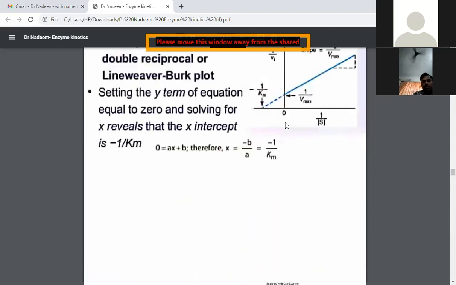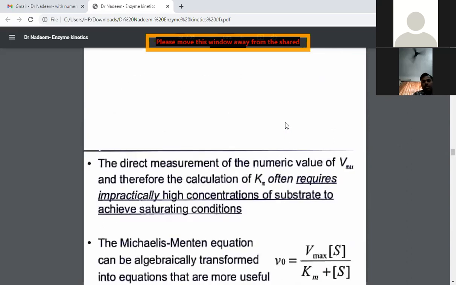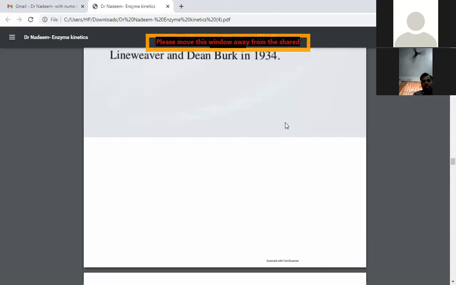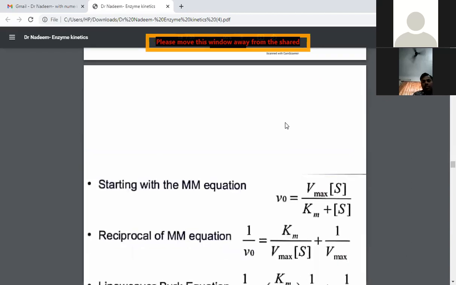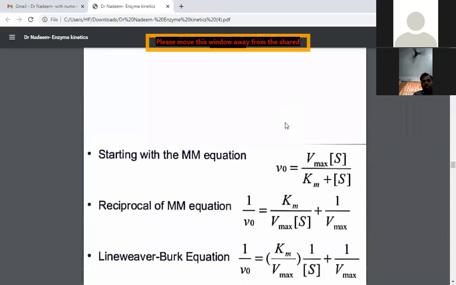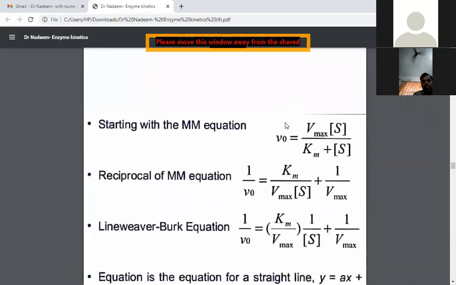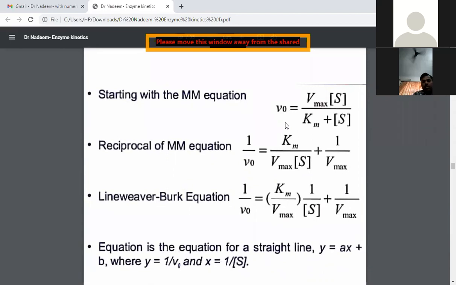We can easily make slight changes in the Michaelis-Menten equation to obtain it. Only one or two step changes are needed, in which 1 by V0, the left hand variable, is put on the y-axis, while the right hand variable, 1 by S, is put on the x-axis.